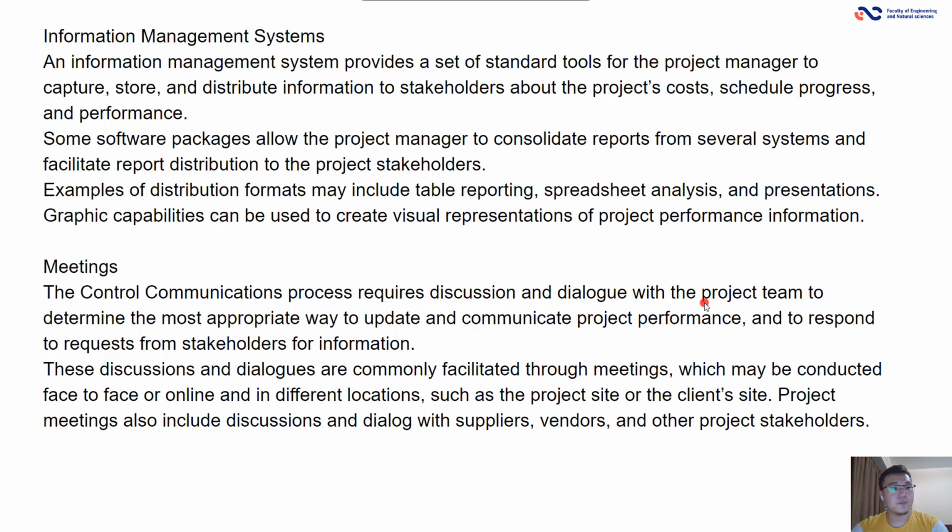Information management systems. An information management system provides a set of standard tools for the project manager to capture, store, and distribute information to the stakeholders about the project's cost, schedule, process, and performance. Some software packages allow the project manager to consolidate reports from several systems and facilitate report distribution to the project stakeholders.